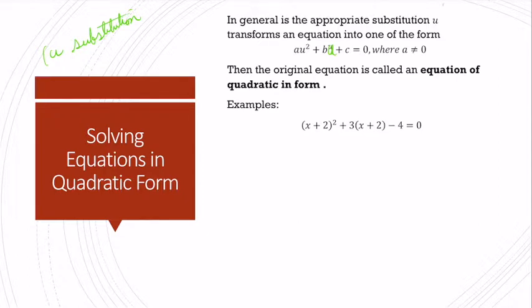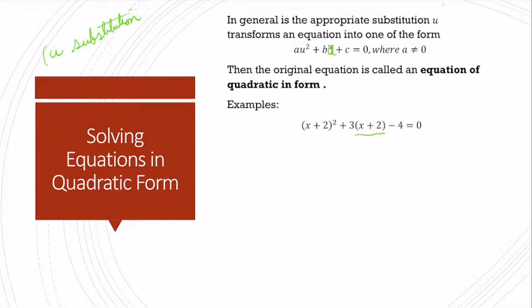So here's an example of an equation in quadratic form, right? If I can substitute U into my original equation, I get one that's now in quadratic form. So if I have (x plus 2) squared plus 3 times (x plus 2) minus 4 equals 0, my U is going to be x plus 2.